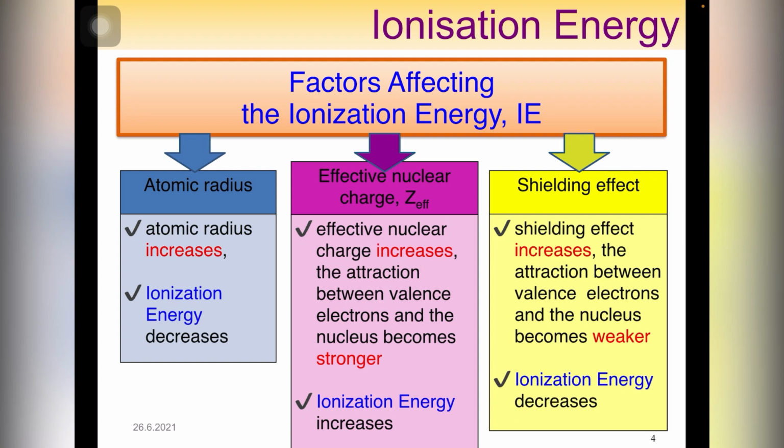So it's easier for the electron to be removed from the atom. That's why it needs just a small amount of energy to remove an electron from the neutral atom. So as the shielding effect increases, the ionization energy decreases. So these are the three factors that can affect the ionization energy.